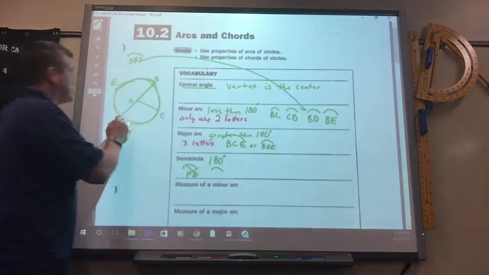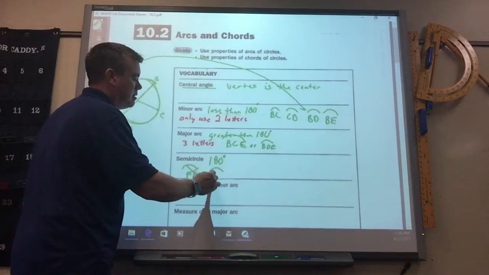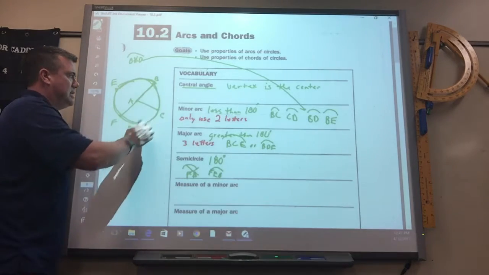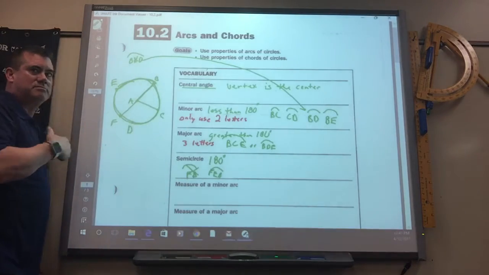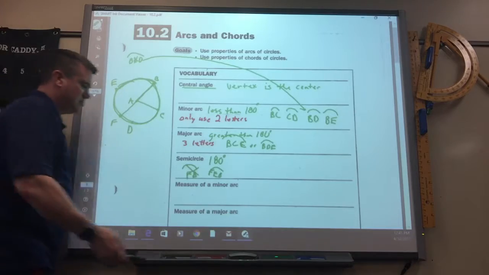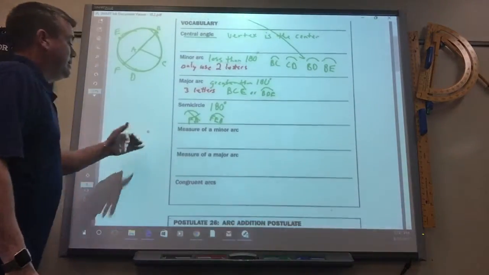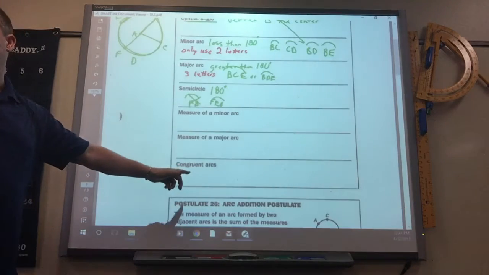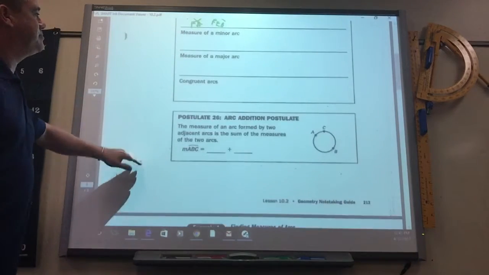If we're talking about this side, you'd call it FEB. If you're talking about this side, it's FDB or FCB. Okay? Congruent arcs is just what it sounds like. Everyone knows what congruent means, right? Equal arcs. All right.